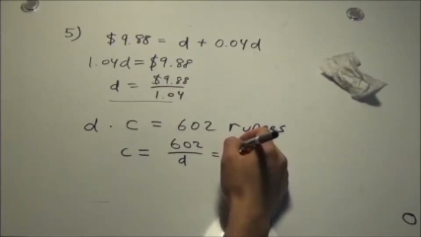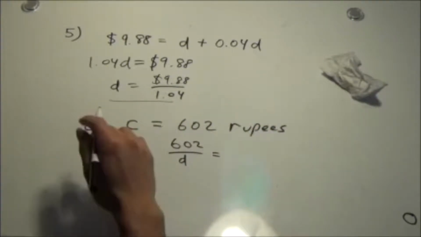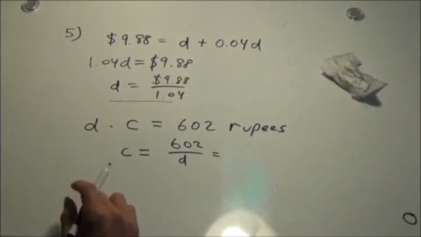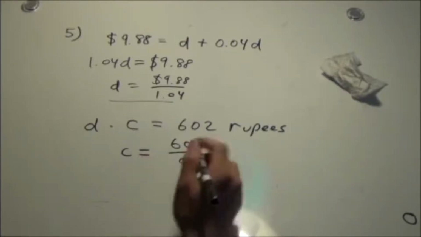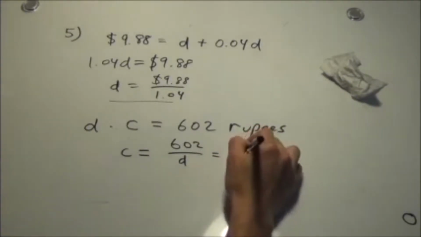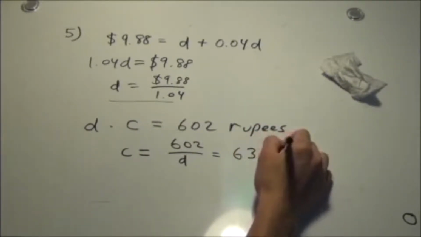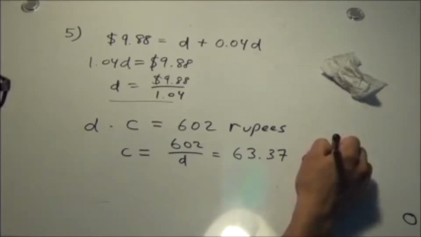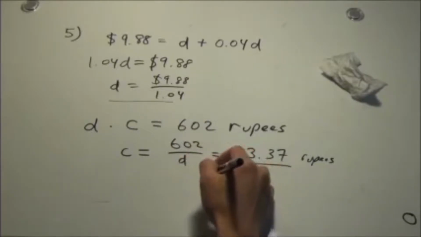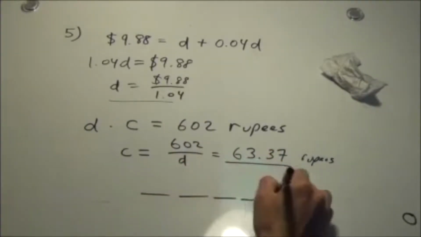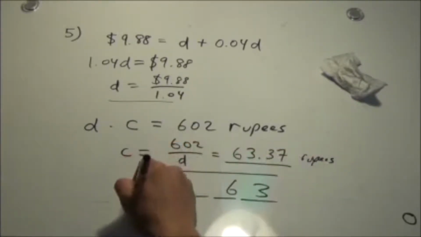If you punch it into your calculator, 602 divided by 9.88 over 1.04 gives you 63.37 rupees. They said to round to the nearest whole number, so let's round that to 63. So our answer will be 63 rupees.